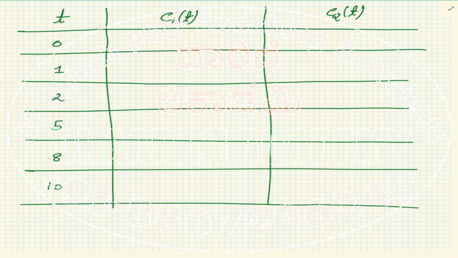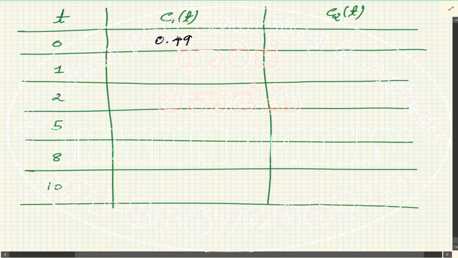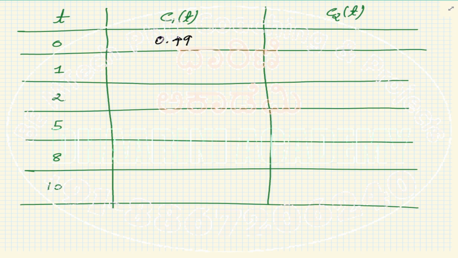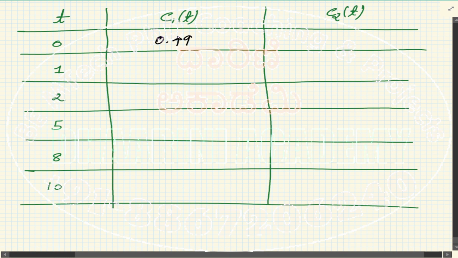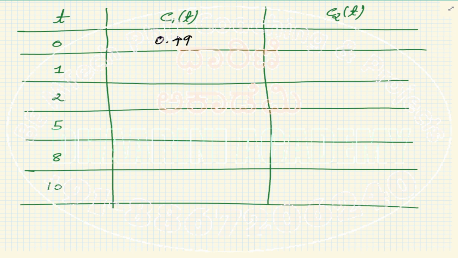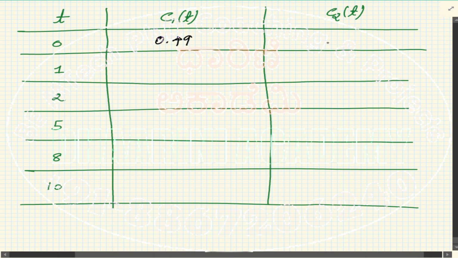First one, right? Point four. This is 0. This one? C2. This is 0.23.